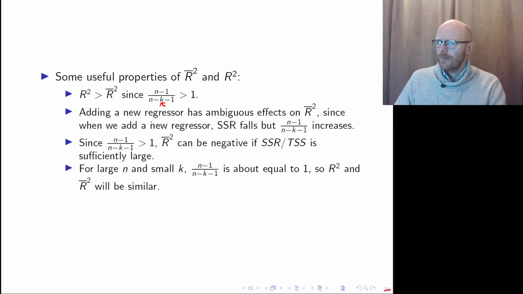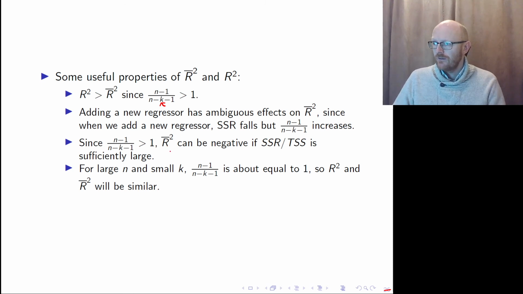And if you add a new regressor, then adjusted R squared can either be the same or increase, because the sum of squared residuals falls, but this penalizing term increases, and this penalizing term is above unity in value.